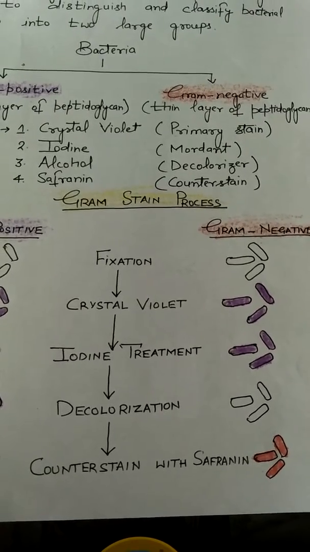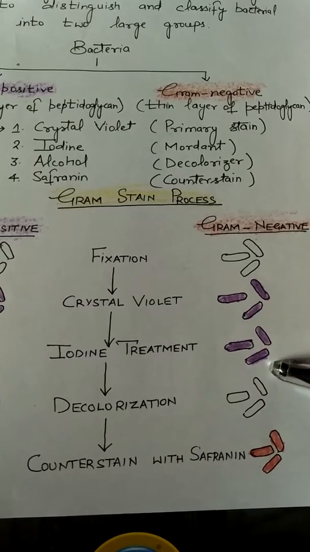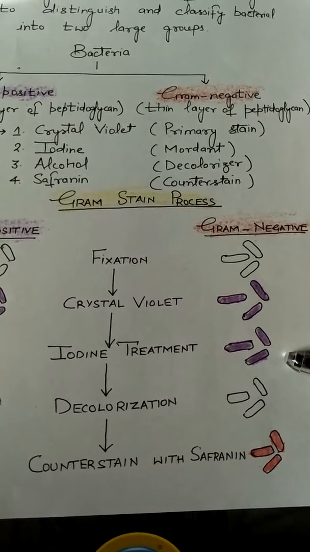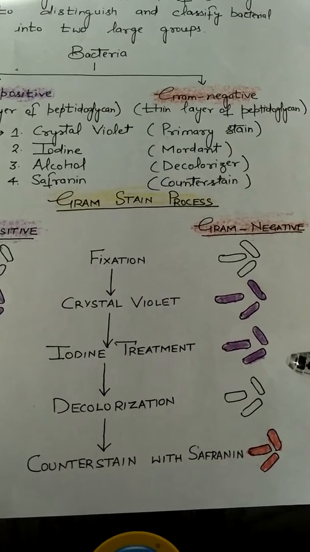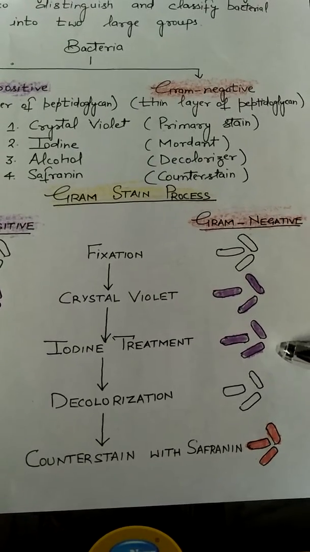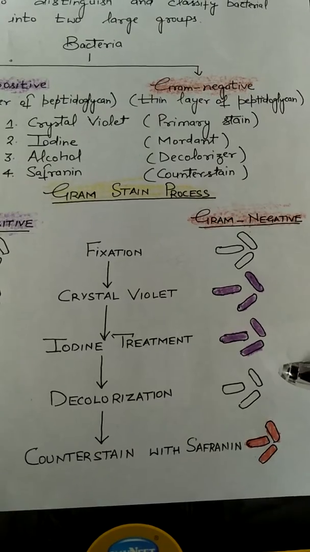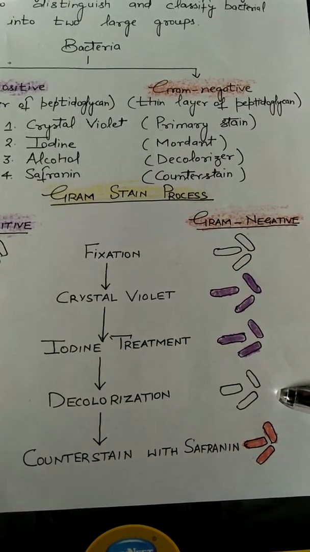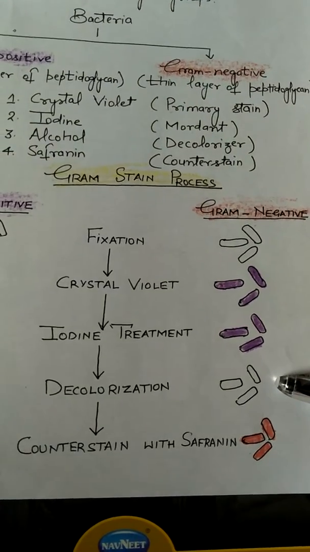So we can say here that gram-negative bacteria, because they have thin peptidoglycan layer and additional lipopolysaccharide layer, because of the action of alcohol, these layers they get dissolved, right, and bacteria gets decolorized as the complex is washed away.